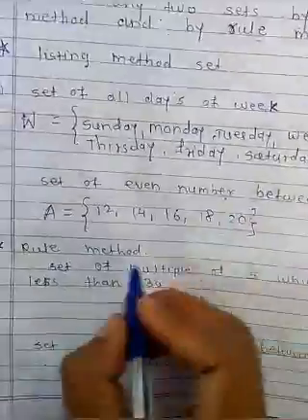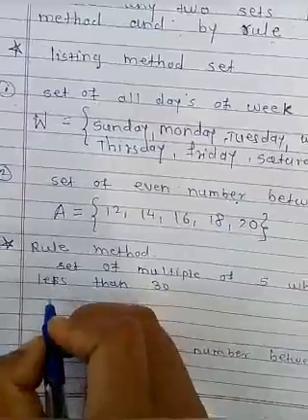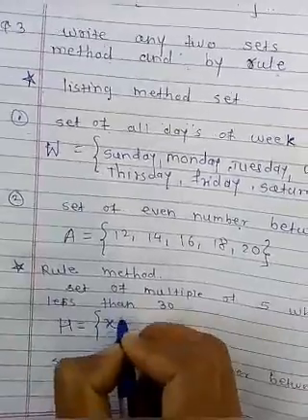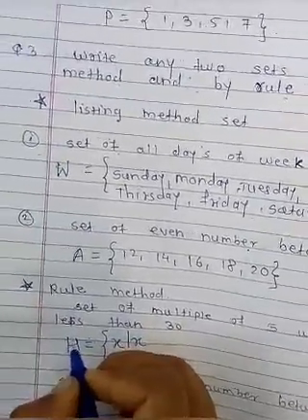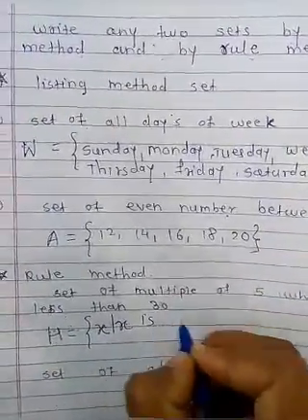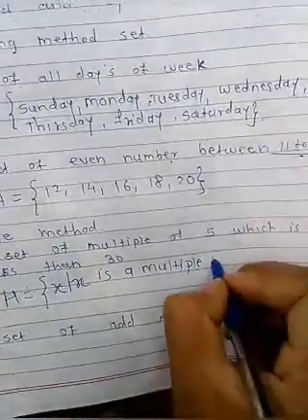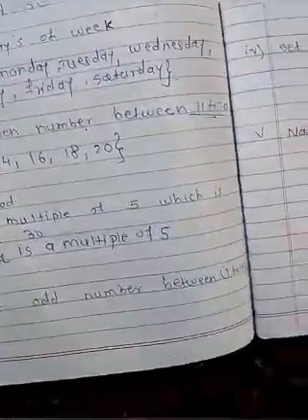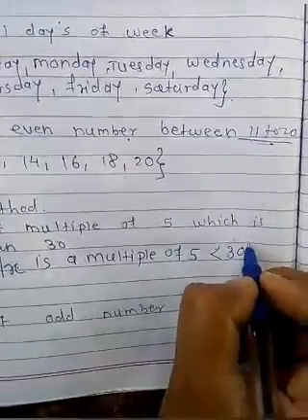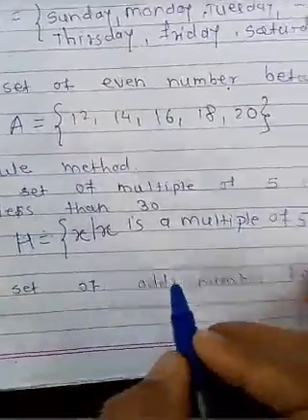Set of multiples of 5 means we write the set name by a letter H. H is the set of all X such that X is a multiple of 5 which is less than 30. And next is what?